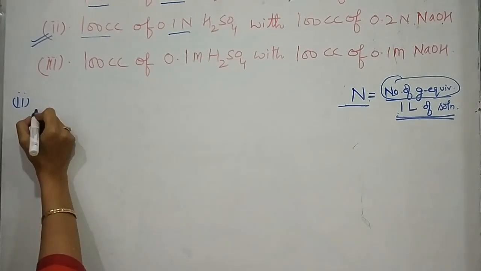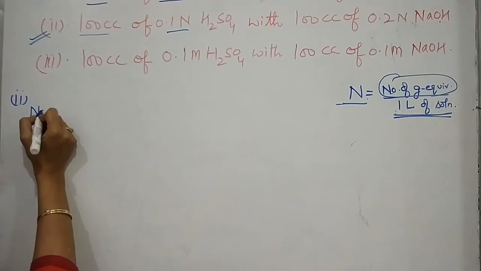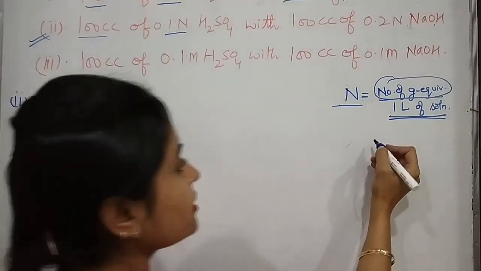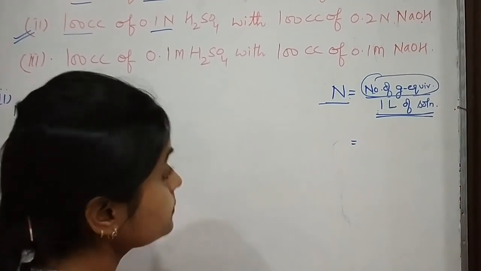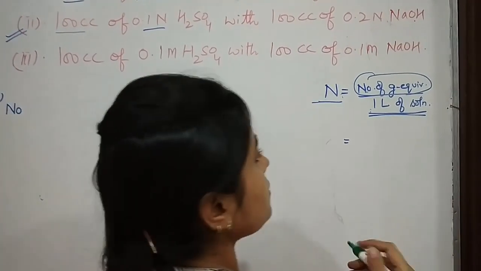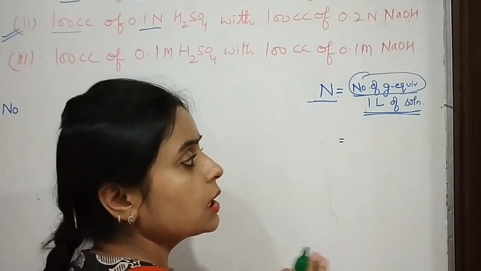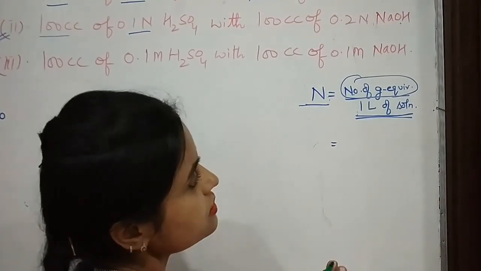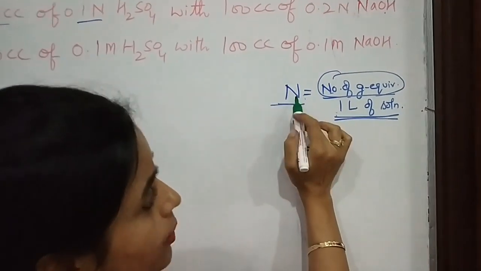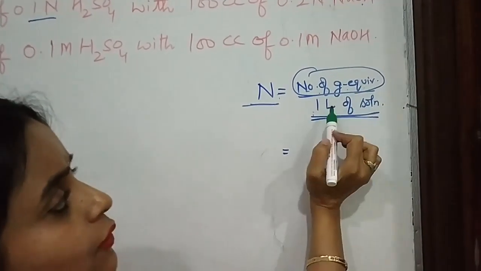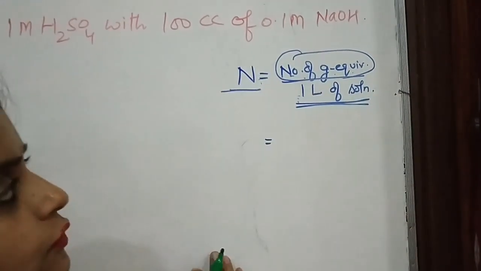One more thing, this is very important. If you understand this point, it is very clear, and this numerical is very easy for you. Normality is the number of gram equivalents present in 1 liter of solution.